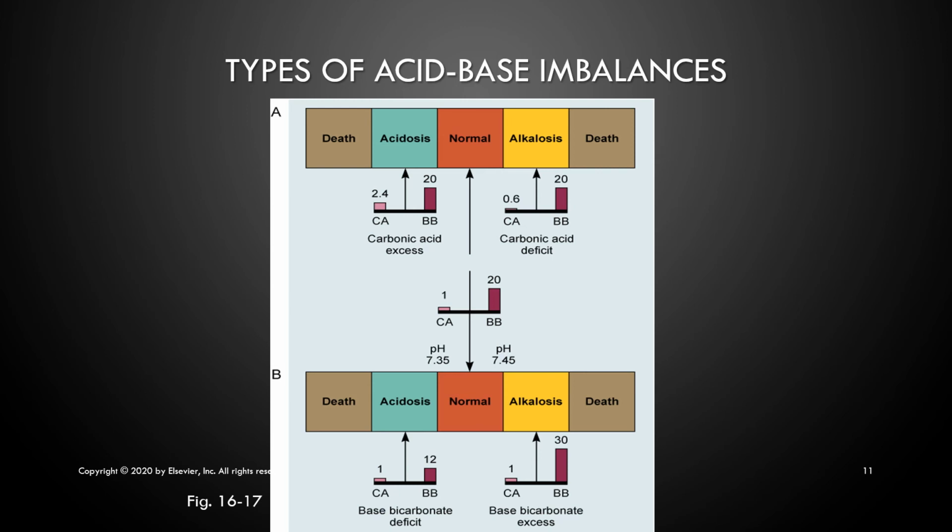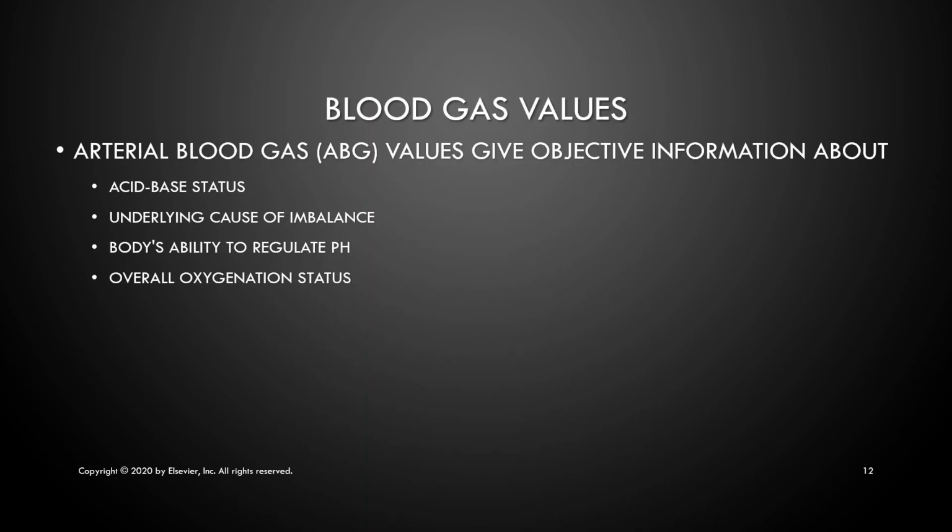And when that ratio of 1 to 20 is off, we can wind up with that acidosis or alkalosis. So when we look at our ABGs and we go to interpret what the values are telling us, we can understand what caused the imbalance.